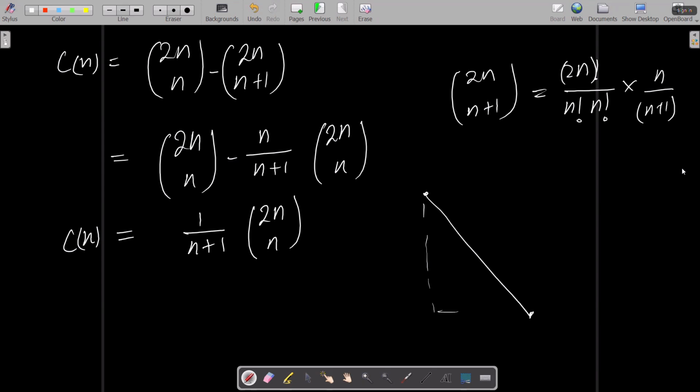This would be n units, and this would be n. So you have to do the forward move n times and the downward move n times. If you have done the forward move one time, you can't do the downward move 2 times, because you will end up below the floor.